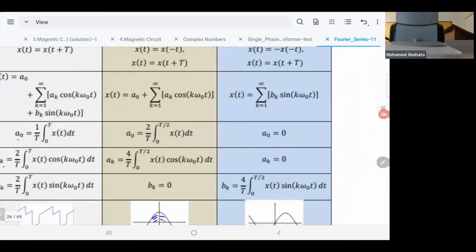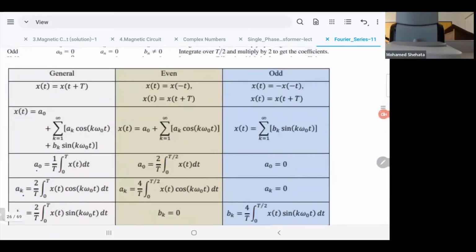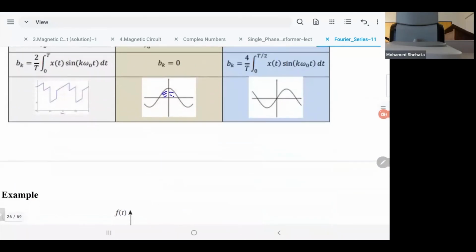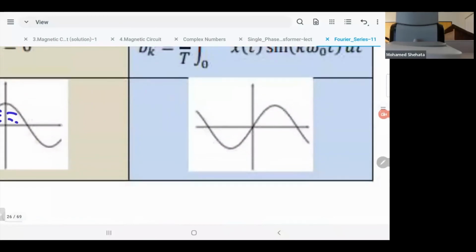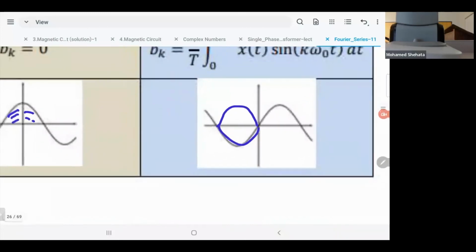Right? What about if it's odd? How do you know it's odd? Symmetric about the origin, or you have two reflections like this one. That's odd. If you make one reflection on the y-axis and another reflection on the x-axis, you get it. Or if at any time here that's the value, you find the same value but negative on the other side.